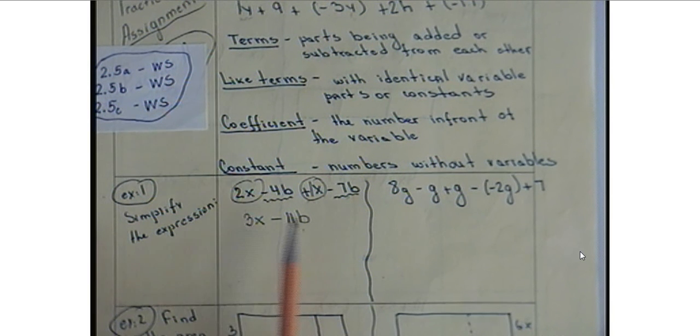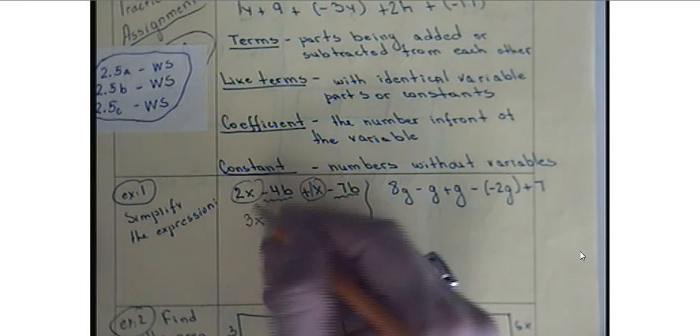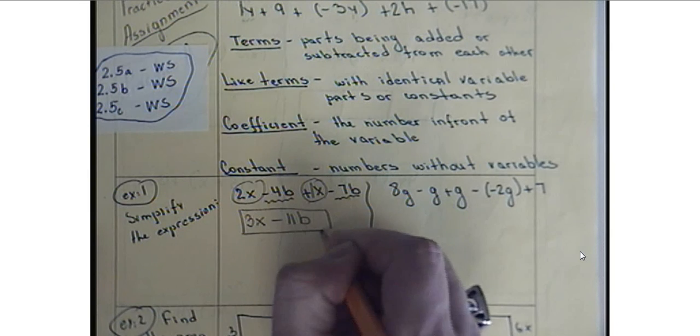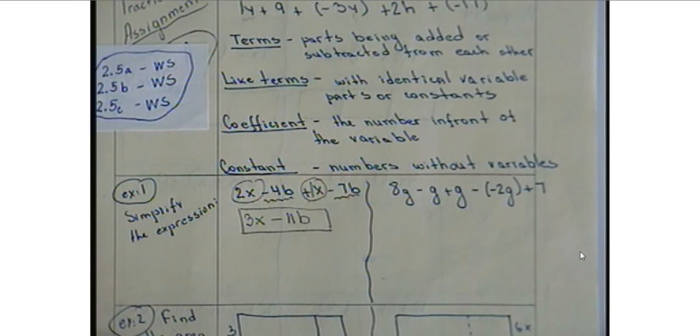Those two have different variables. We can't combine them, so that will be the final answer here. If we can't combine because the variables are different, then this is the simplest form we can deal with. Great, let's take a look at the next example.